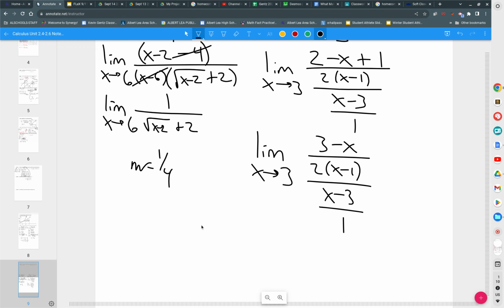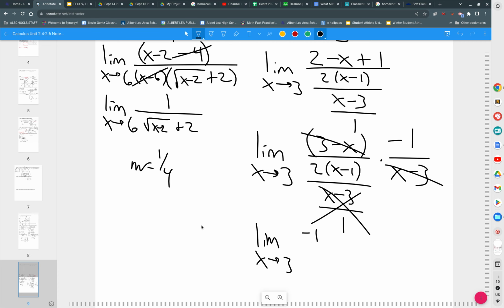What now? You could factor out the negative. As I multiply by the reciprocal, I'm going to take Addie's advice and see that the top and bottom are different by a factor of -1. So if I just do that, it's my shorthand way of being able to reduce those. I have the limit as x goes to 3 of -1 over 2 times x minus 1.